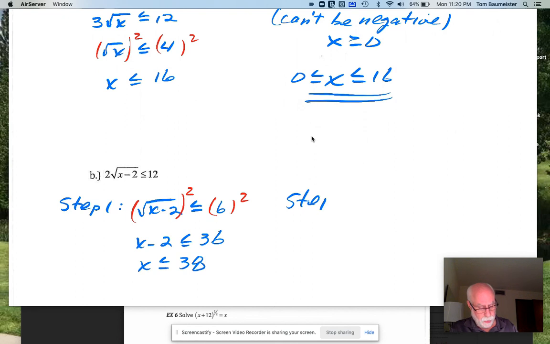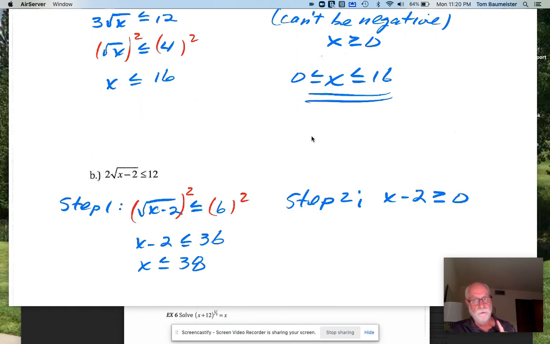Now on this one here, the radicand, what's underneath the radical, has to be greater than or equal to 0. So in this case here, what's underneath the radical? It's x minus 2. On the top one, it was just x, and we said that x had to be greater than or equal to 0. On this one here, now since it's x minus 2, we know that that has to be greater than or equal to 0.